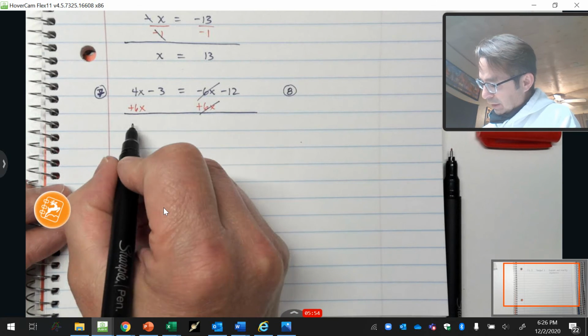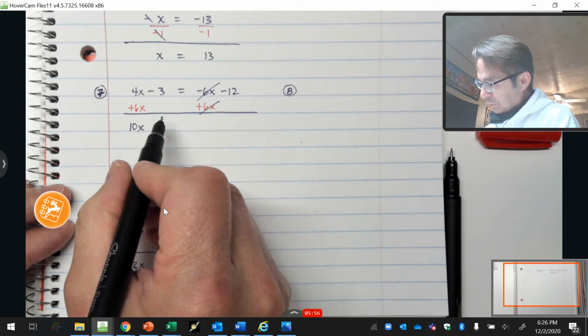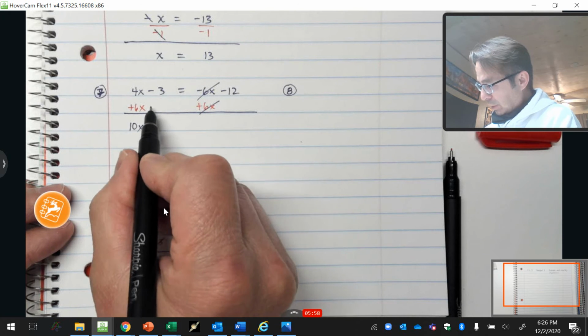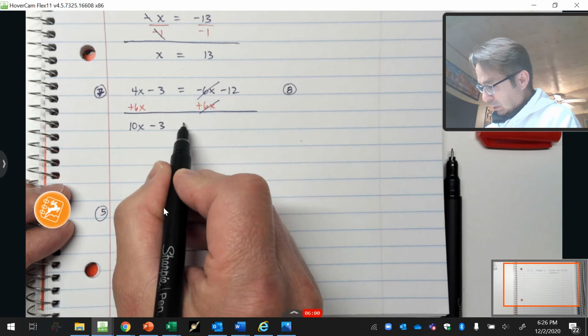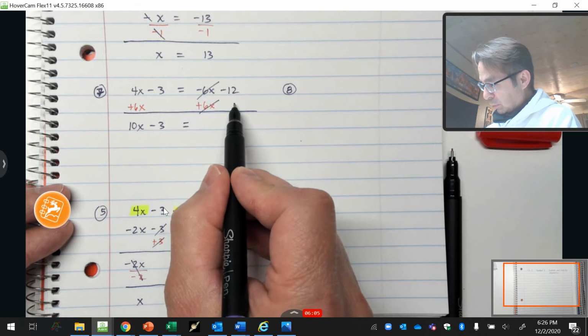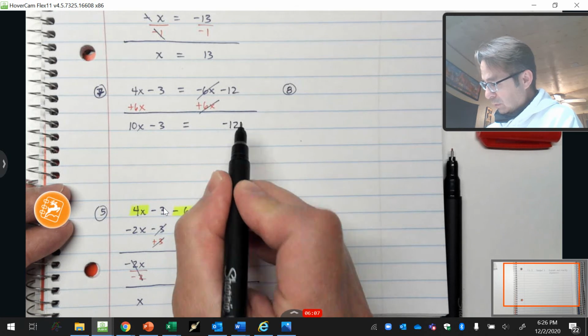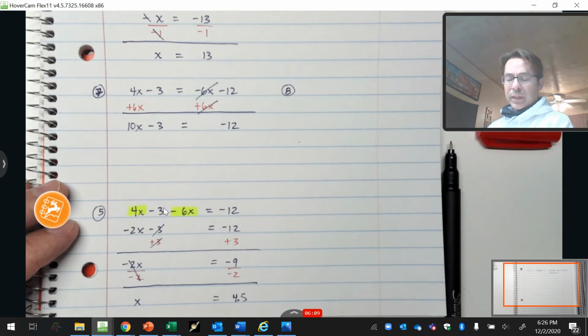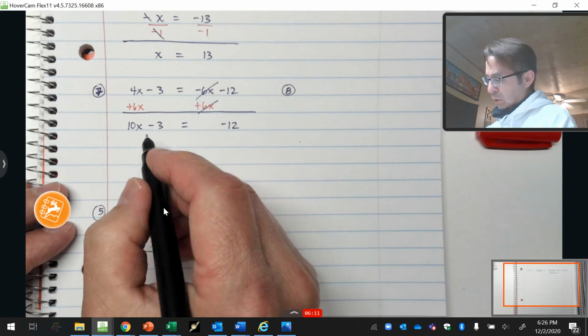You get 4x plus 6x, which is 10x. You get minus 3 and nothing, which is minus 3. Equal sign goes here. That equals nothing. Minus 12 plus nothing is minus 12. And now it is a normal two-step equation.